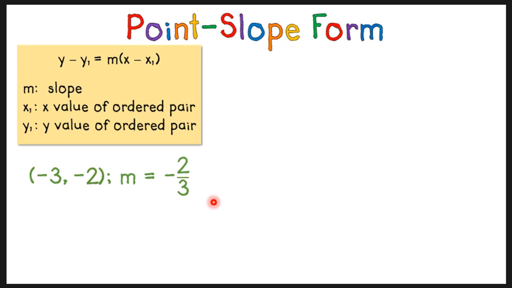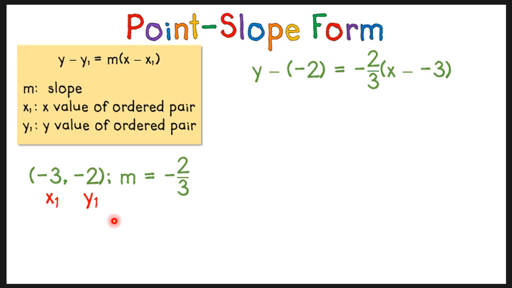So given the point -3, -2 with a slope of -2/3, our x value of our ordered pair is -3 and our y value is -2. When we plug these values into point slope form, we have y minus our y sub 1, which is -2, equals our slope of -2/3, and in parentheses x minus our x sub 1, which is -3.